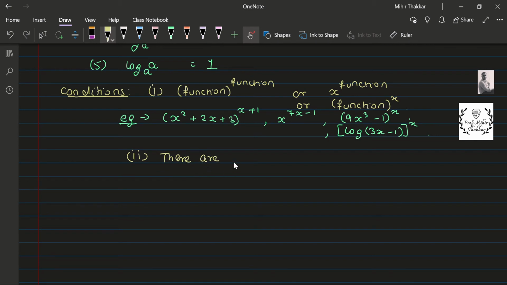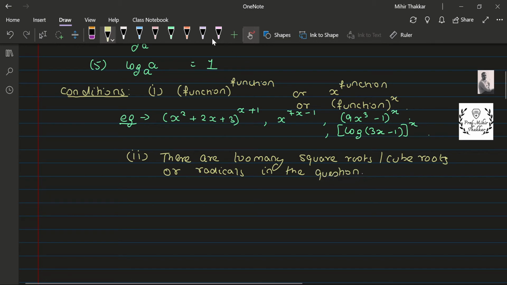There are too many square roots or cube roots or radicals in the question.